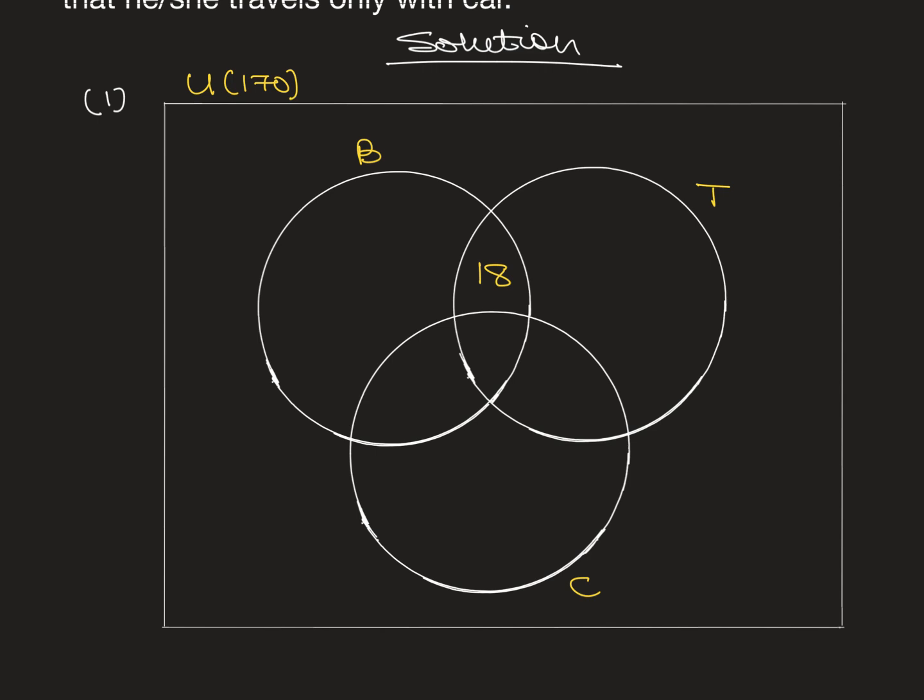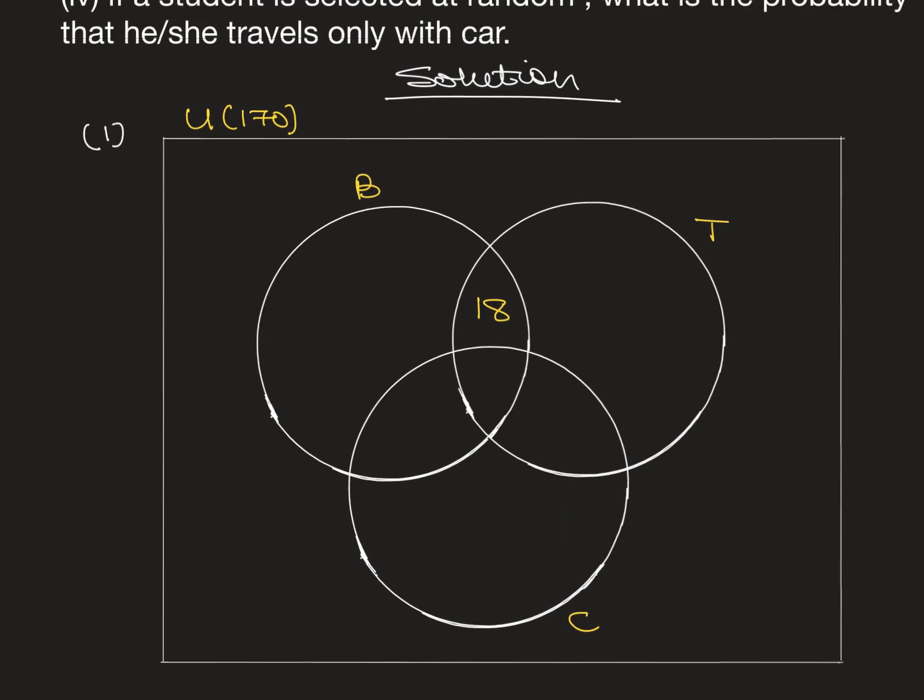This statement is different from the number of students who travel by bus and train. Okay? So if they ask you the number of students who travel by bus and train, it would have been the total here. But since it used the word only, this is the location for that. Do not confuse the two. I repeat myself.